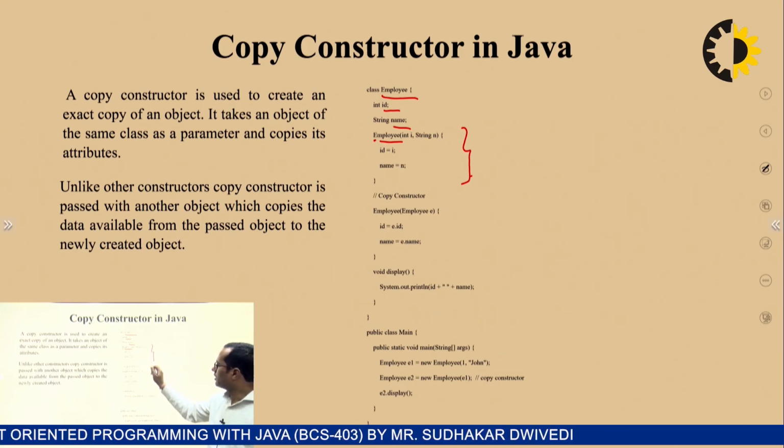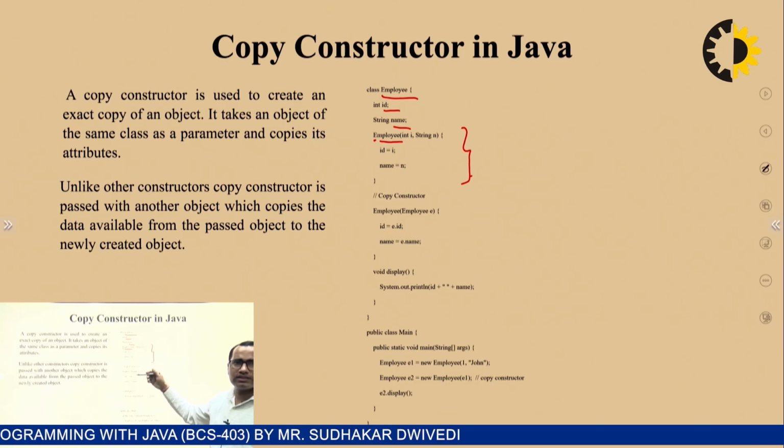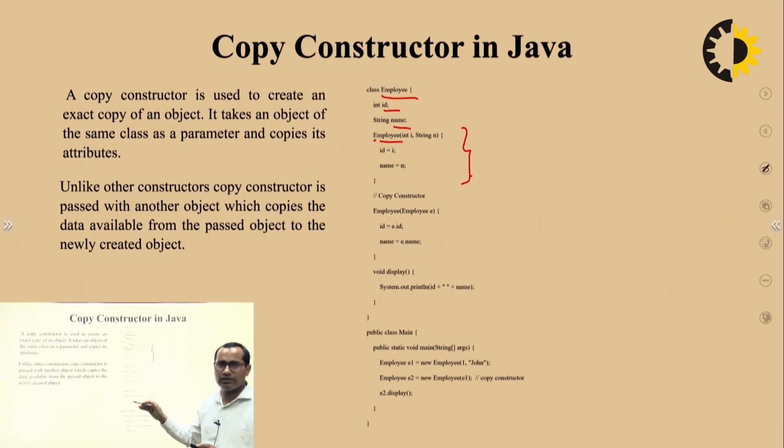Now when these values are initialized, we want to create the same copy of the object. So what do we need to pass? We need to pass the object of the same class. Here in the main class, when we have created the object, we just pass the values of the parameters, and these values are initialized in this parameterized constructor.